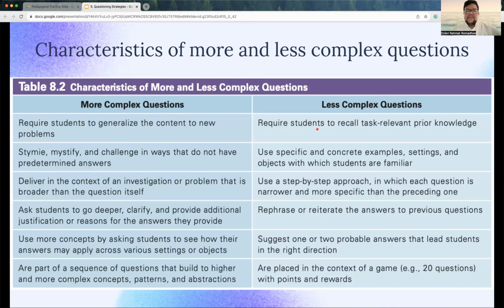So after the student explains, they also have to give the argument or the proof of their answer.